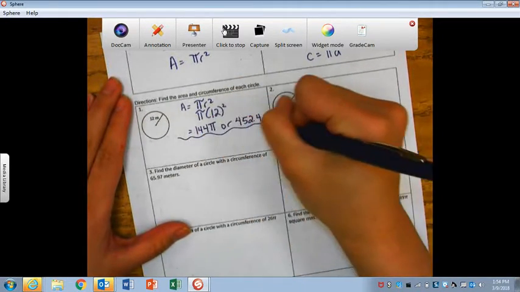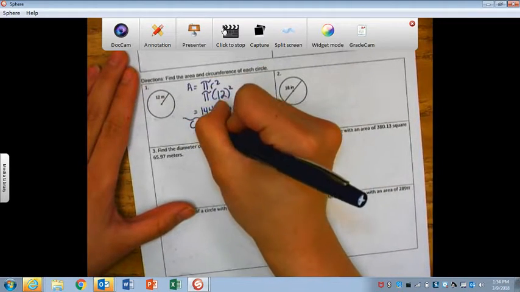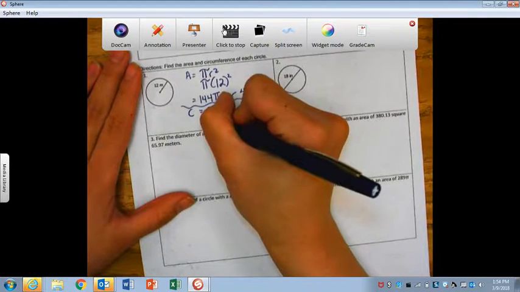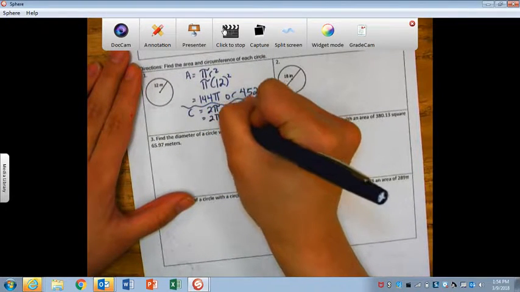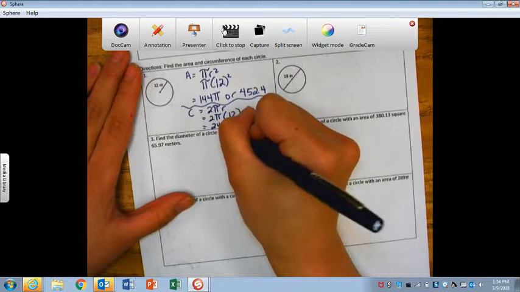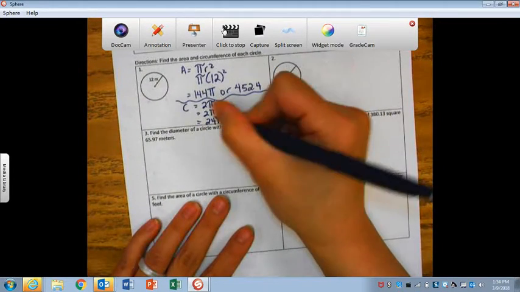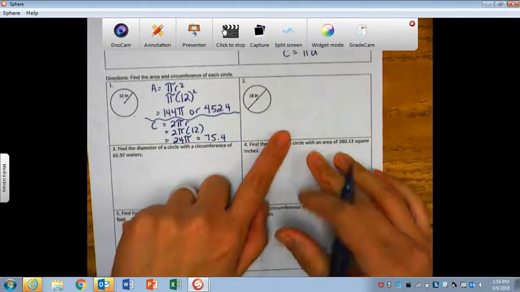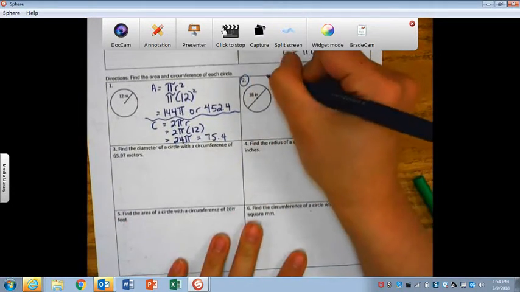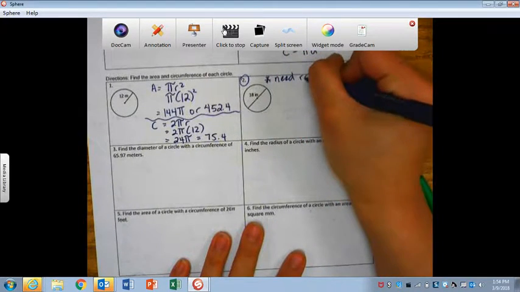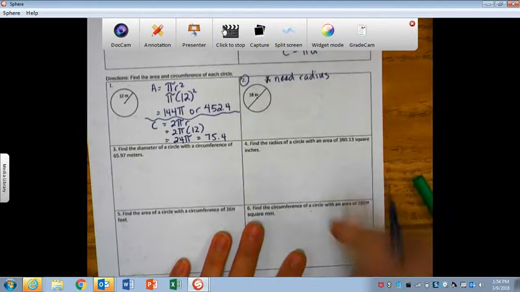Now, circumference is 2 pi r, so that's 2 pi times 12, and you're going to get 24 pi, or the less clean version, 75.4. I want you to do number 2, but remember, you need the radius, so you know how to find the radius.